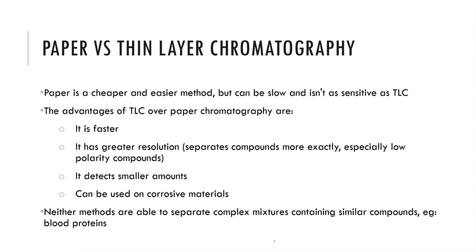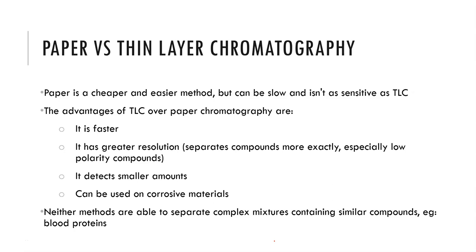The advantages of TLC over paper chromatography are that it is faster, it has better resolution, i.e. the compounds separate better, giving us more compact dots. We see more streaking with paper chromatography. TLC is able to detect smaller amounts, and we can use corrosive materials that might otherwise react with the paper in a paper chromatogram.